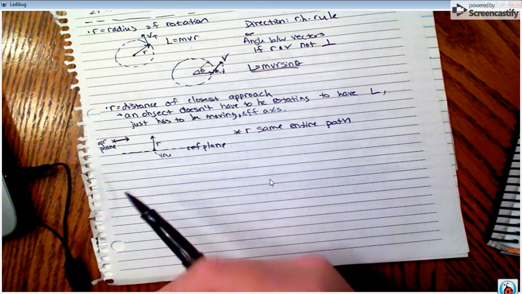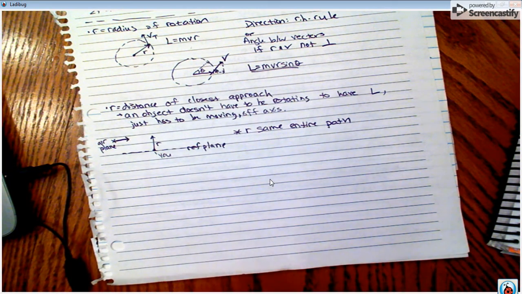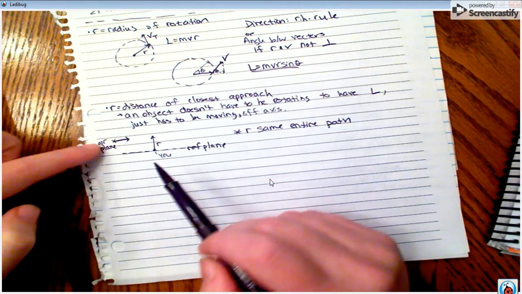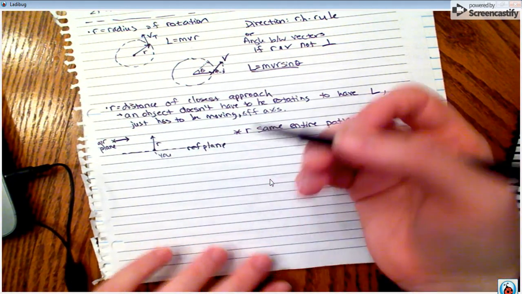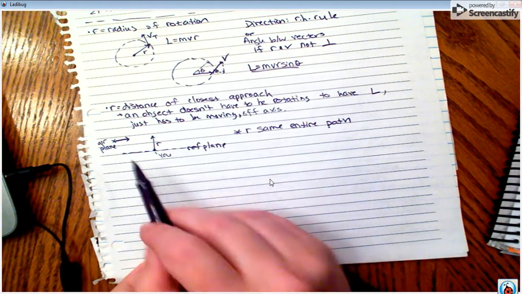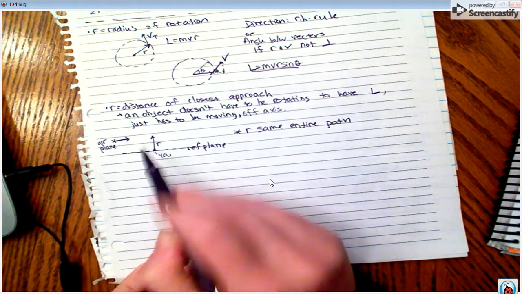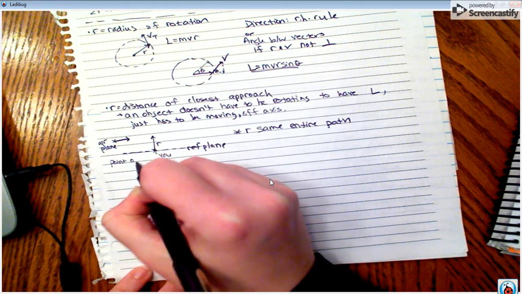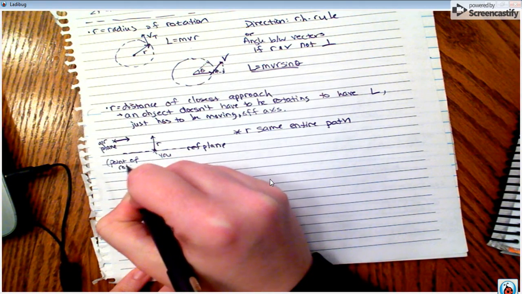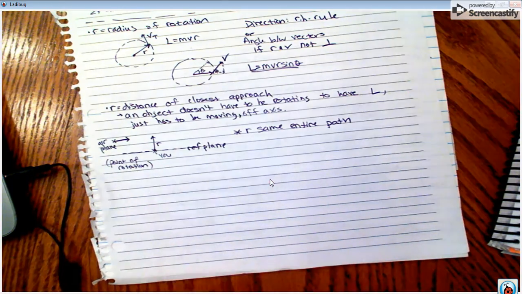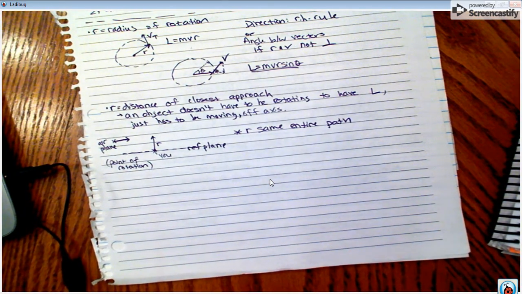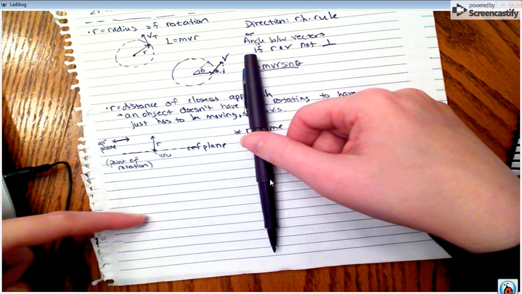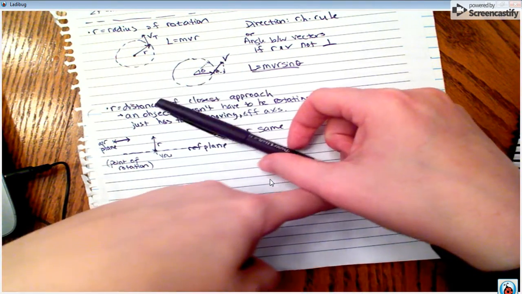Okay, so we're going to see some examples of this where we have an object moving in a straight line, and other times, a lot of times the reference will be like a point of rotation. Okay, so the example we're going to see later, we have a stick, and some object comes and hits it and makes it rotate.